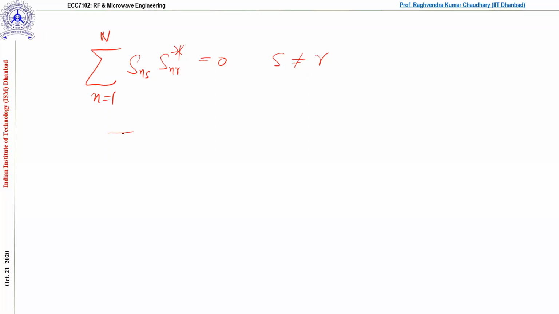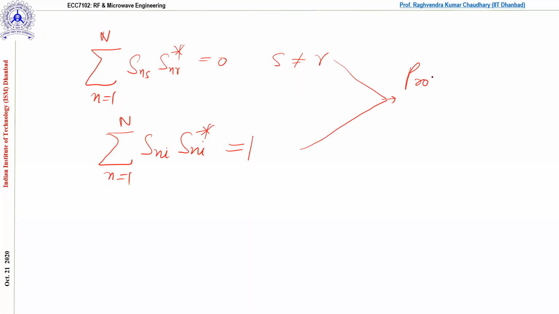And the other property we have seen: summation n equal to 1 to capital N of S_ns times S_ni star should be 1. These two properties are actually the properties of a unitary matrix.